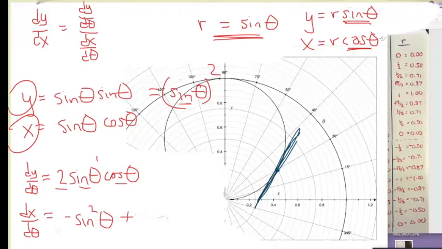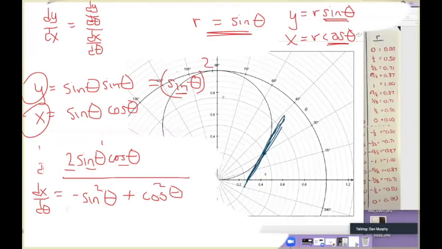Well, the second is the cosine, the first is the sine, and the derivative of the sine is the cosine. So we end up with plus the cosine squared of theta. I'm just going to save some space, and there we go. This is the derivative. Let me erase one thing. This is dy dx.